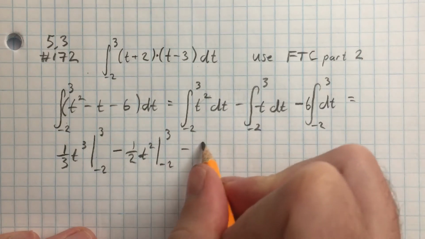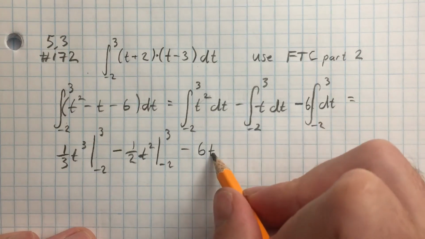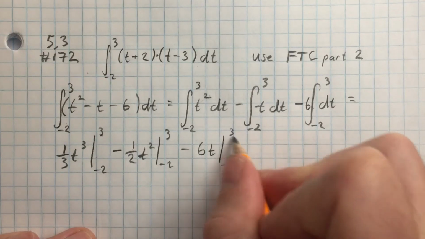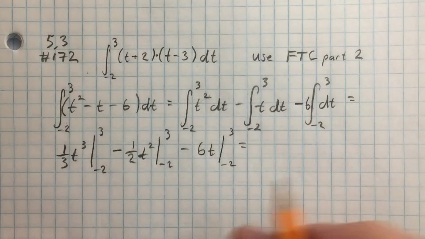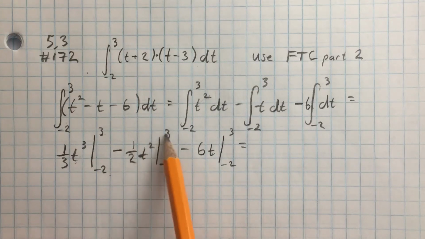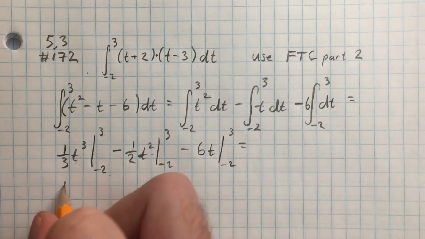And then minus 6t, of course, again, the integral symbol with just dt or dx is just that variable, from -2 to 3. So to save us from writing this with 3 and -2 in, this with 3 and -2 in, this with 3 and -2 in, I'm going to write it differently.